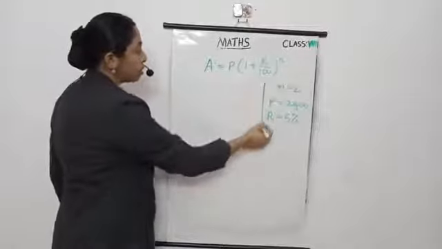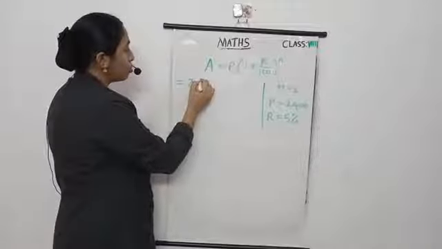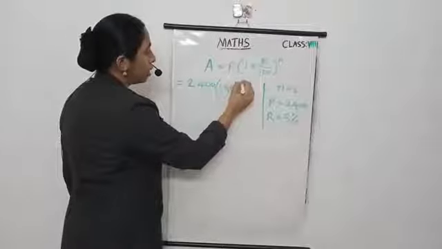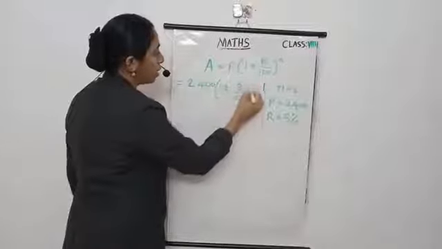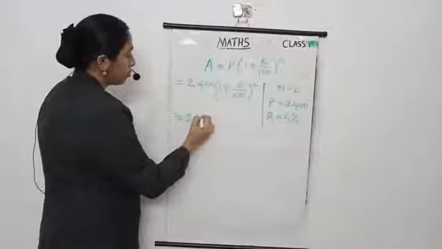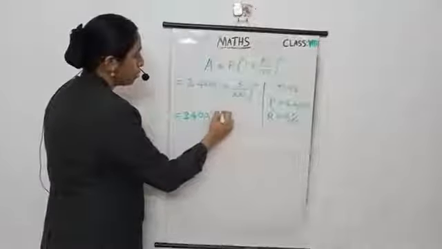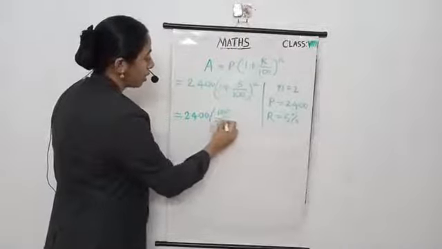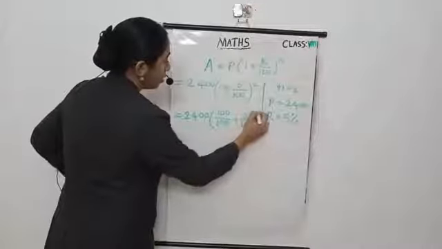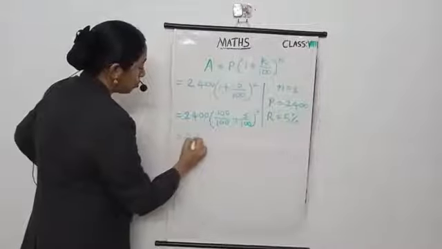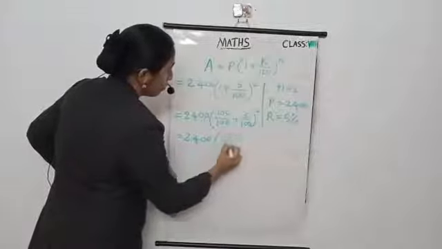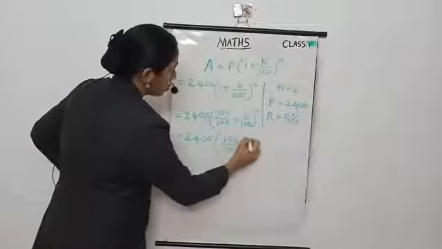Now substitute these values. 2400 into (1 plus 5 by 100) all raised to 2. Okay. Now 2400 into (1 means 100 by 100 plus 5 by 100) all square, equal to 2400 into (105 by 100) all square.